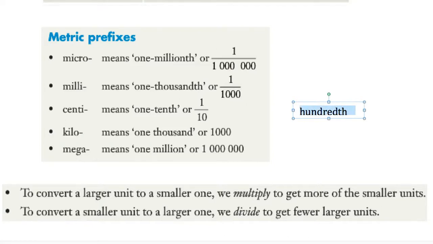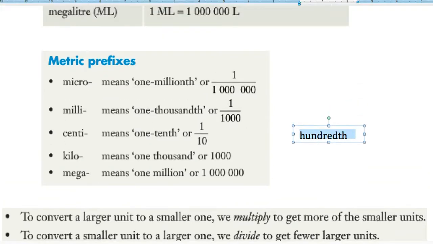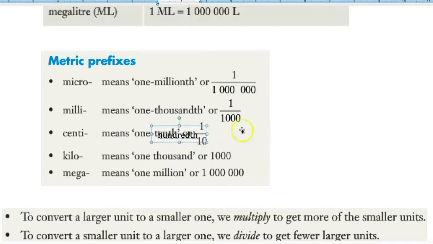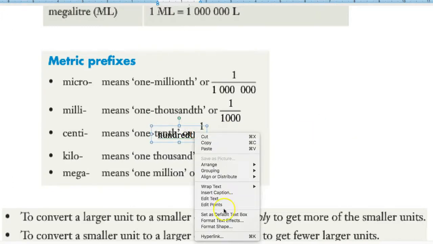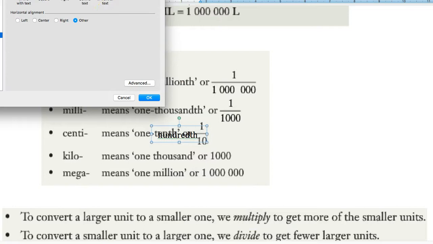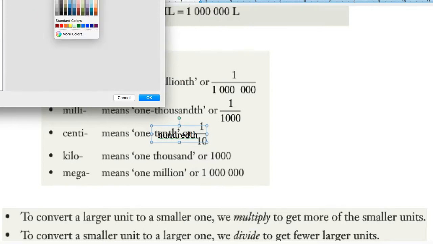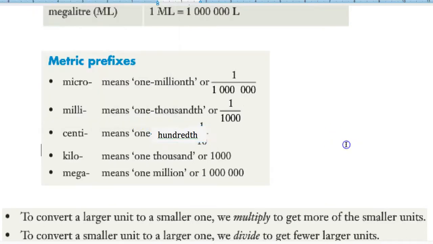I'll make it a bit smaller. Make it 11 or 10. There we go. 100th. There it is. Got it? Oh, what a mess. Wait. Fill. Light grey will do. Even lighter. There we go. All right.